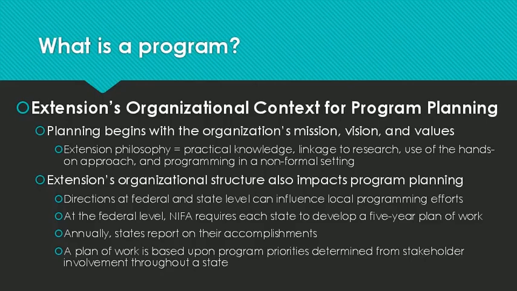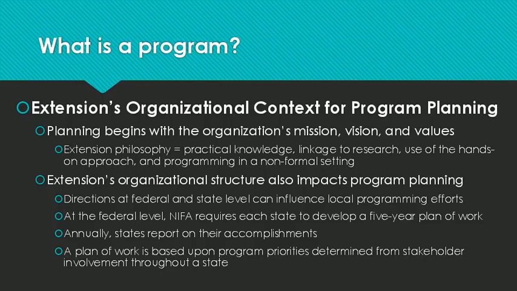We've also talked briefly about our organizational structure and how this impacts our program planning. So looking again at our programming at the federal, state, and local levels, we know that direction for programming efforts can be made at both the federal and the state level, and those can then influence our local or county programming efforts.